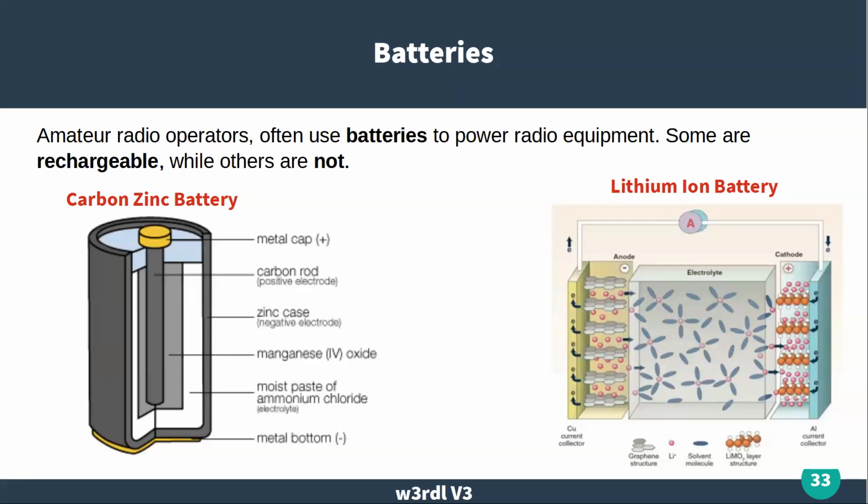This is showing a typical lithium ion battery. Most rechargeable batteries today are lithium based, whether it's lithium ion or lithium iron phosphate, which is becoming more common as a replacement for the gel cells, like the 12-volt batteries.